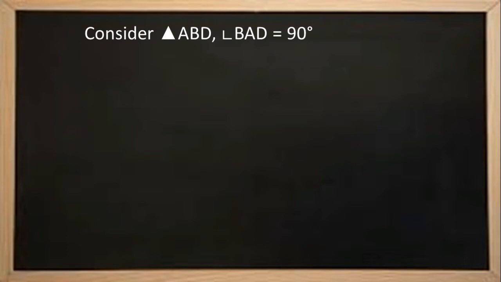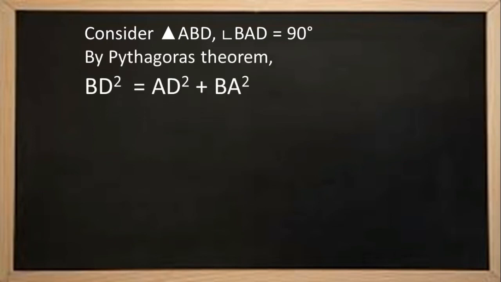Consider the triangle ABD, the small triangle we had. AB is 7 cm, what we know, and by applying the Pythagoras theorem, at the point angle A it is 90 degrees. The side opposite to angle A is BD. So the square on the hypotenuse, BD square, is equal to AD square plus AB square. Apply the Pythagoras theorem.